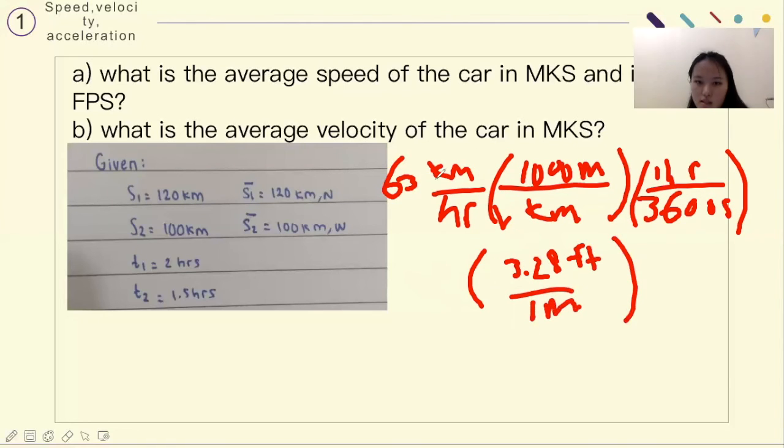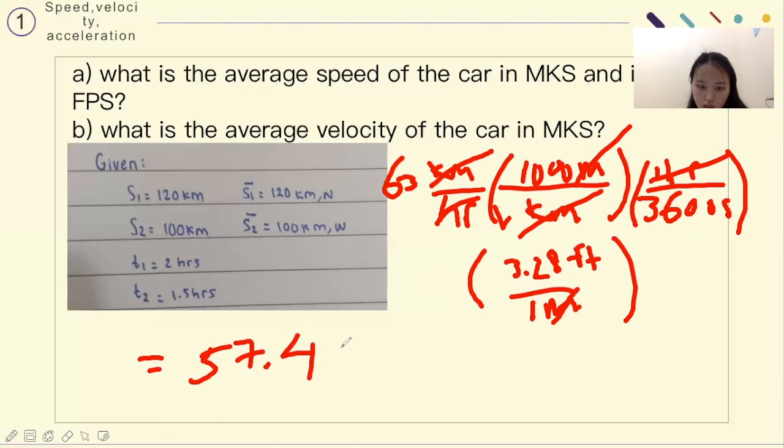Then cross out the same units, kilometer and kilometer, hour and hour, and meter and meter. Solve this with your calculator, and you will get 57.4 feet per second. So this is the answer in FPS.